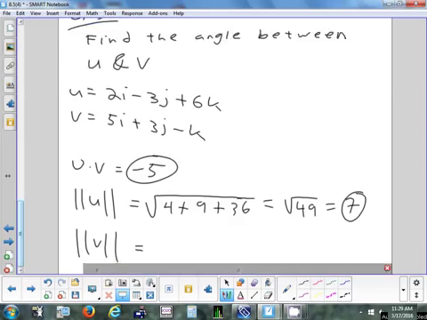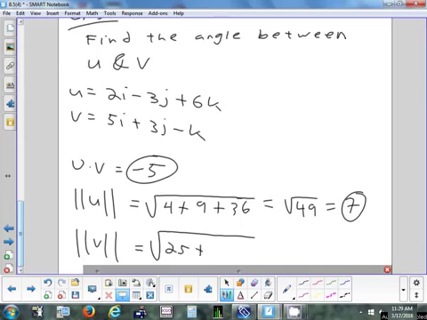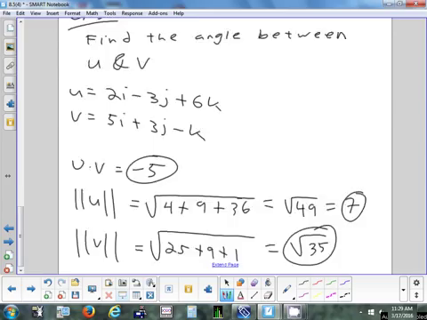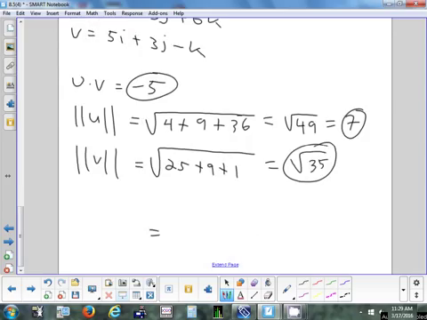Let's find the magnitude of v. Square root of 25 plus 9, so 5 squared plus 3 squared plus 1. Square root of 35. And how do I set up my equation now to find the angle?